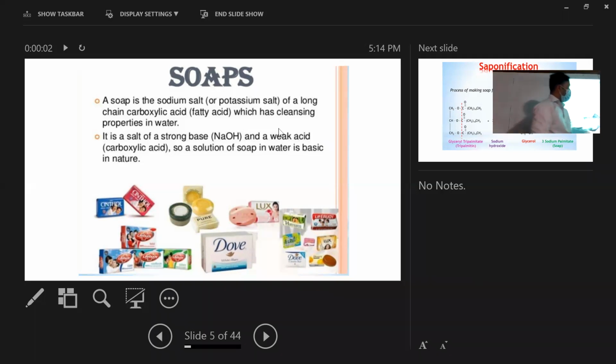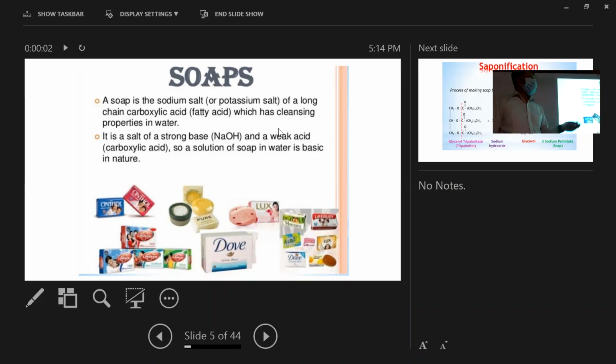So this is our salt of a weak acid and a strong base. This is a weak acid. So that can also be considered as some soap, but not actually, because this chain, the CH3, is not long enough.